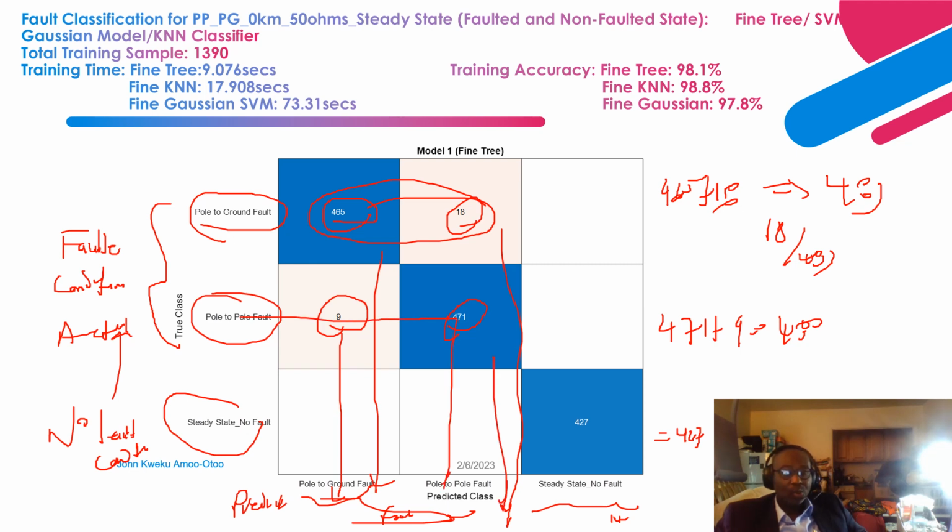And for pole to ground, 18 out of 483 were predicted wrongly as pole to pole faults. For steady state, there is zero misclassification, as you can see over here, 0, 0. 427 out of 427 were classified correctly as steady state, no fault condition.